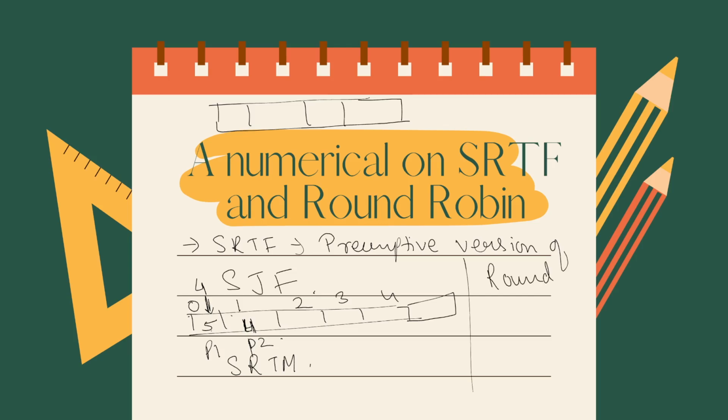So what is it? Round robin is basically the one where we give a fixed time quanta to every process. Like let's say the time quanta must have been given in the question.